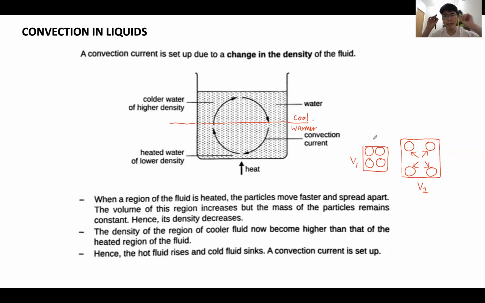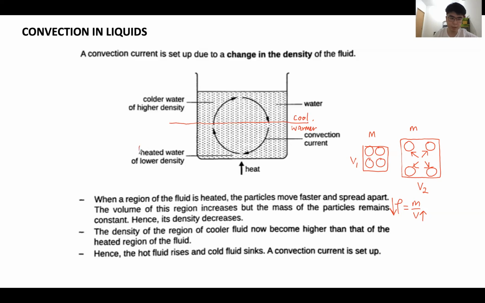When they expand, it doesn't mean that the particles become bigger. They just move further apart. So they acquire more volume, but you have the same mass, the same number of particles. Density equals mass over volume. When the volume becomes bigger, density will decrease.